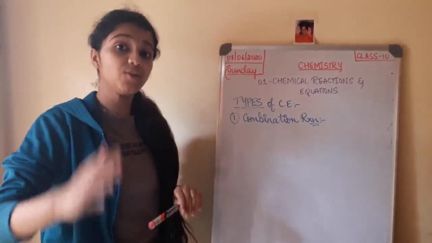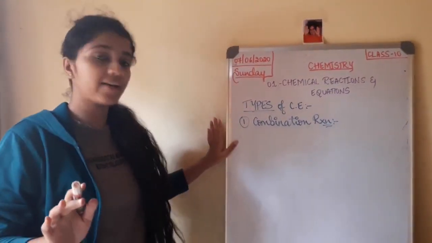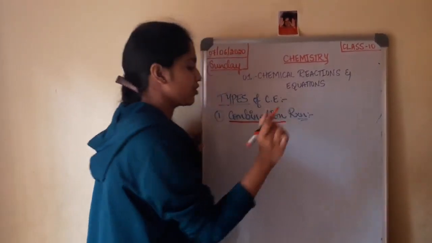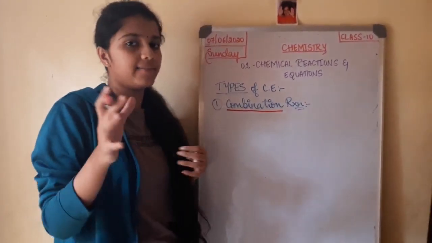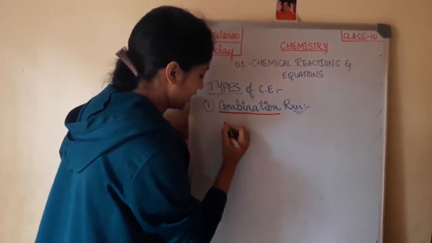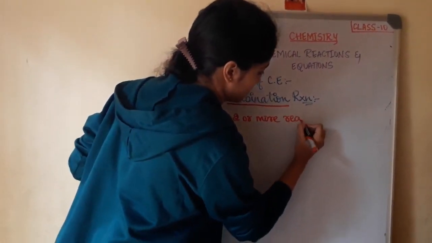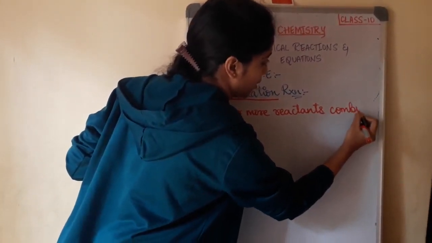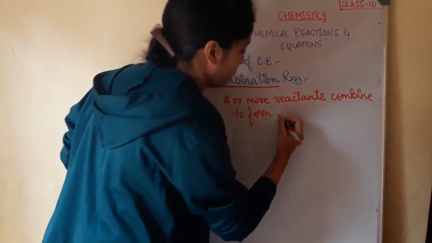Now let me explain the types of chemical equations. Mainly there are 4 types of chemical equations. Let us go one by one. The first type of chemical equation is the combination reaction. As the name suggests, combination: when 2 or more things combine. In the same way in chemistry, a combination reaction means when 2 or more reactants combine to form generally a single product.